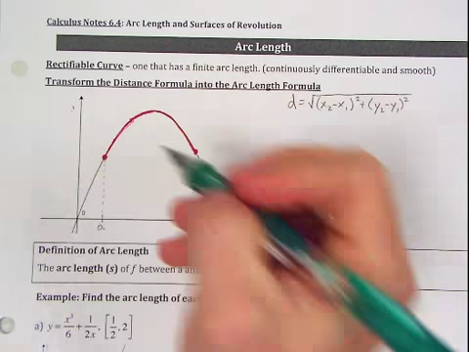Now instead of using D to represent the length between the line, we're going to say S is going to represent our arc length. We're going to use summation notation here that we learned earlier this semester. We want all the i's from 1 to n.